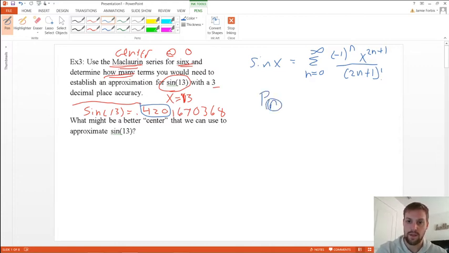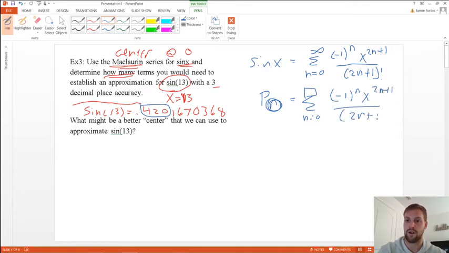What's my n value going to be in the summation from n equals 0 to some n value, I don't know what that is, of this function. This is just my Maclaurin polynomial. I'm trying to figure out how many terms I'm going to need that's going to make us within 3 decimal places of my actual answer.